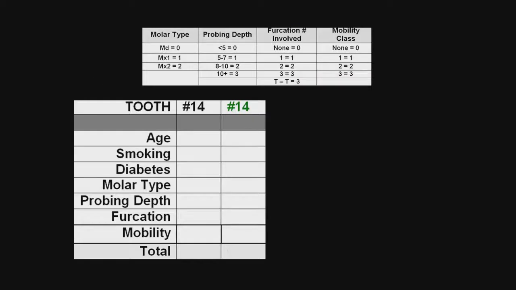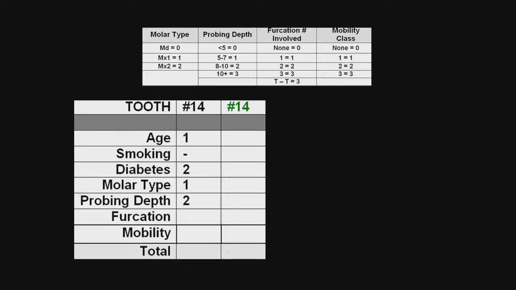And let's see why he's going to be difficult to motivate. We put down the 1 for age on number 14. Patient doesn't smoke. We're going to put a 2 down because we do not know the A1C score. First molar, tooth that is used 60% function. We're going to put a 1 on that.